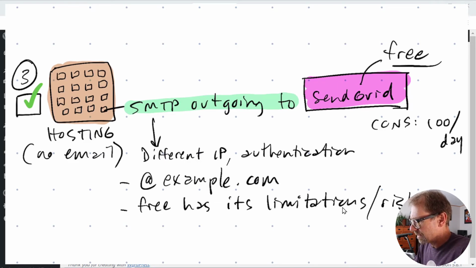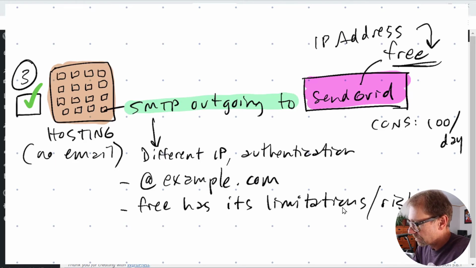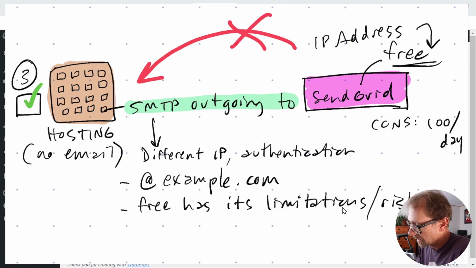The other one is that SendGrid Free is super popular, and so the IP address that is associated with the free level at SendGrid has had some issues in the past. As far as the IP address that they use, it's good that it's a different IP address than the website is.